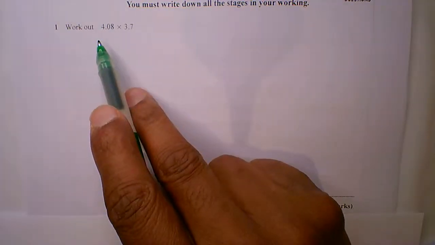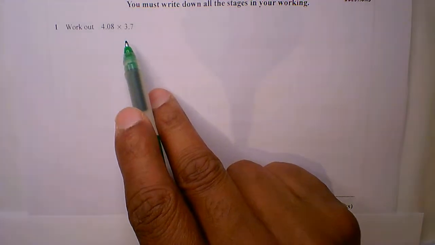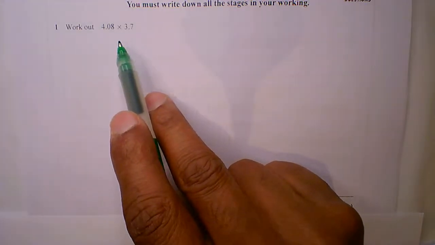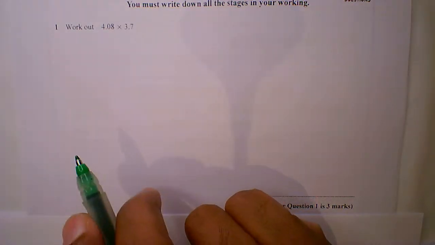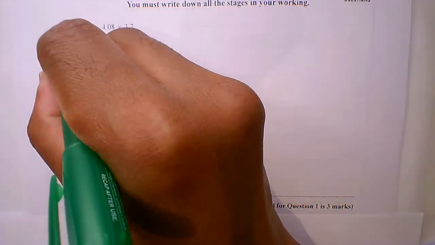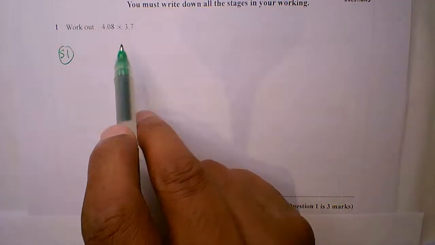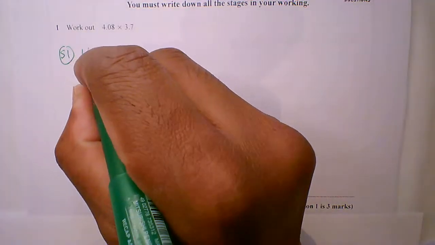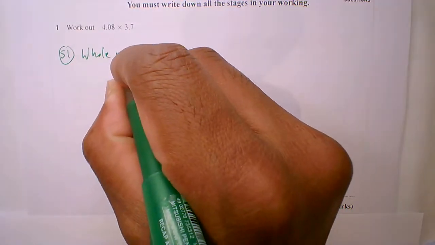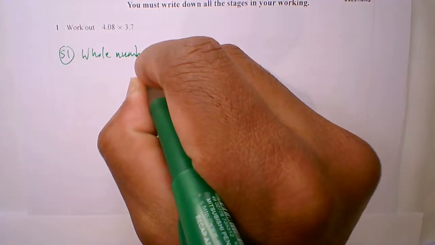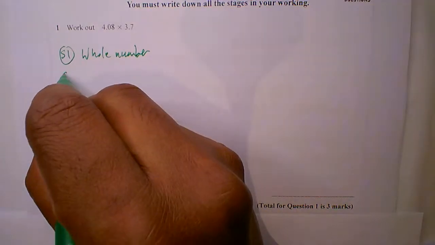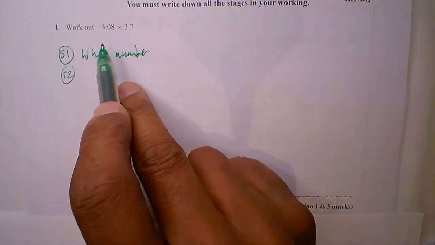Right, so question 1, work out 4.08 times 3.7. So you could do this many ways. The way I will do it is step 1, I'm going to change this to a whole number. Then step 2, I am going to be multiplying these.